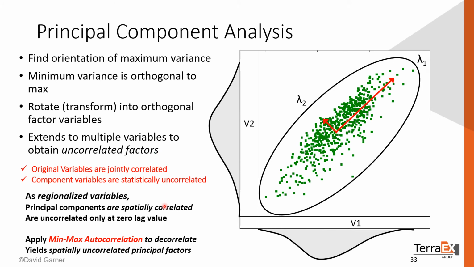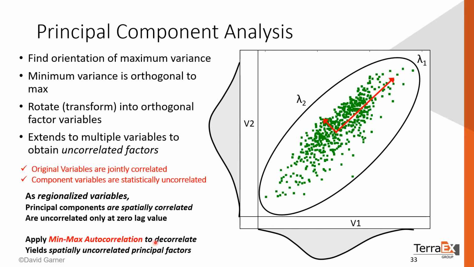And as regionalized variables, which is how we're going to use them, they're spatially correlated. They have variograms. And so PCA only applies at a 0 lag value. When we start looking at what are called H-scatter plots, that is the distributions at lag values on the variogram, what we see is the correlation in the cross variograms.